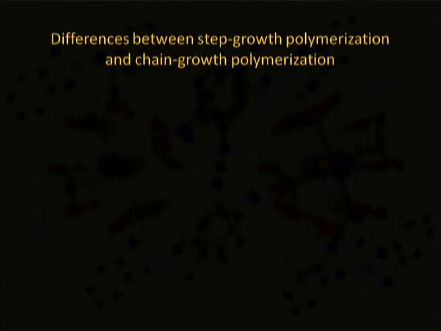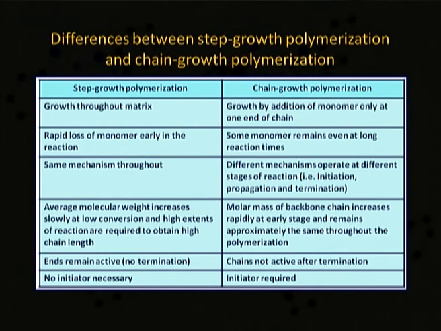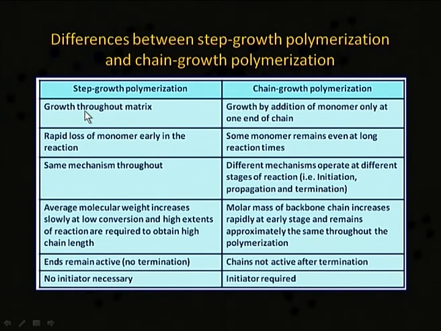The differentiation between step growth and chain growth polymerization can be understood by this chart. In step growth polymerization, no initiator is required, whereas in chain growth polymerization an initiator is required.